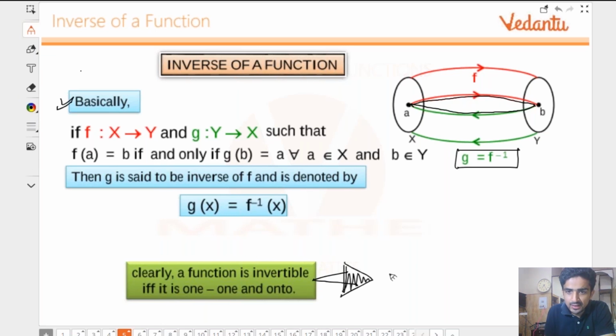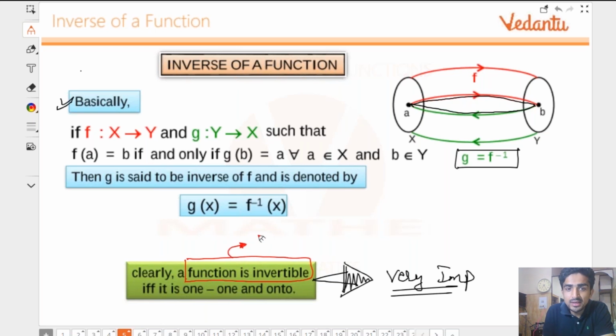Now this is very important. I just explained this thing. A function is invertible if and only if it is 1, 1 and onto. This line should make sense to you.